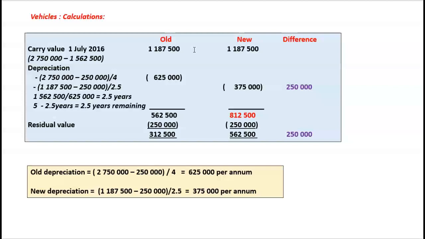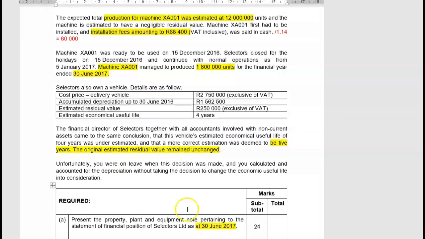If we did continue with the old way of providing for depreciation, I'm not really interested in that in this instance because I'm only required to do the PPE note. So for the PPE note, I'm really only interested in the current year's depreciation charge. So we have to start at our carry value at the beginning of the year and then apply the new estimates on that carry value.